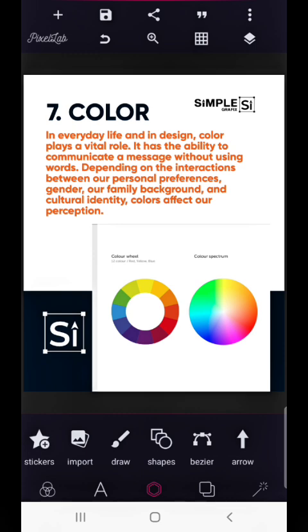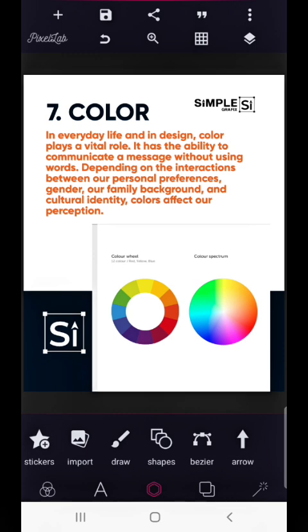So we are talking about color. Color is what we see in our everyday life. Wherever you look, everything you see has color. It doesn't matter the kind of color you see, there is a color. It doesn't matter the thing you see, it has a color.